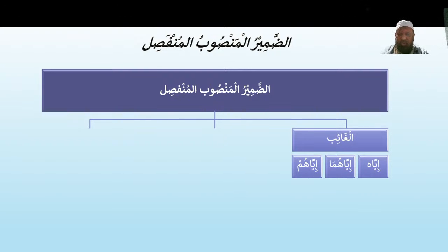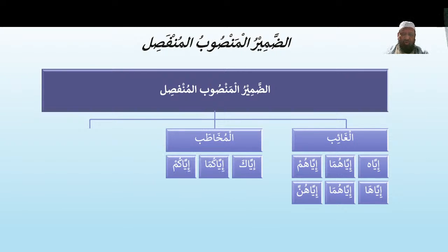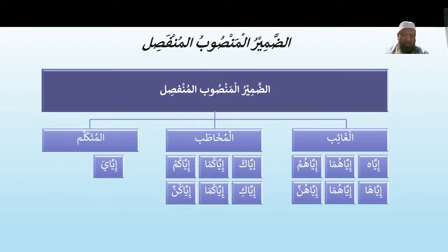For غائب, we just add the same ضمير as الضمير المنصوب المتصل with the ضمير إيا. And the next 6 are for مخاطب, and 2 for متكلم. So these are the 14 الضمير المنصوب المنفصل.